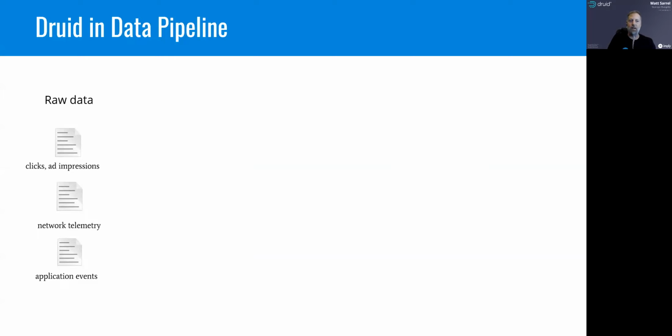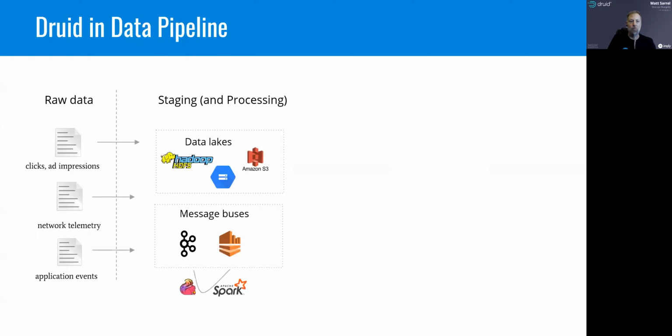Essentially, the way we look at it now is that you have your raw data, and you would sort of massage that however you had to, bring it all together, have it in one spot. That would be the data lake.